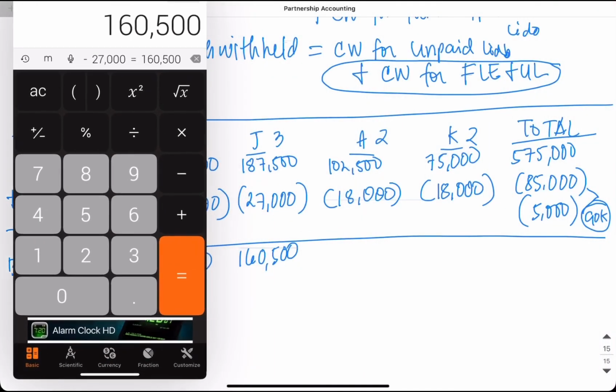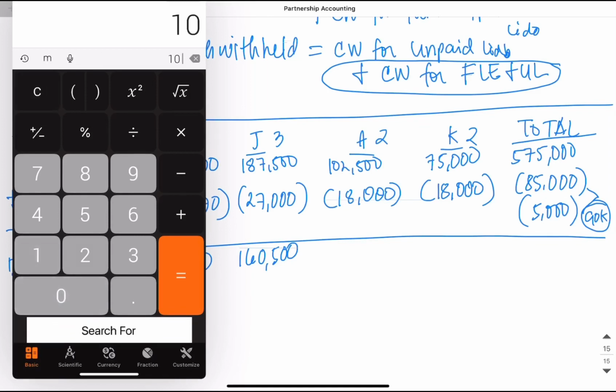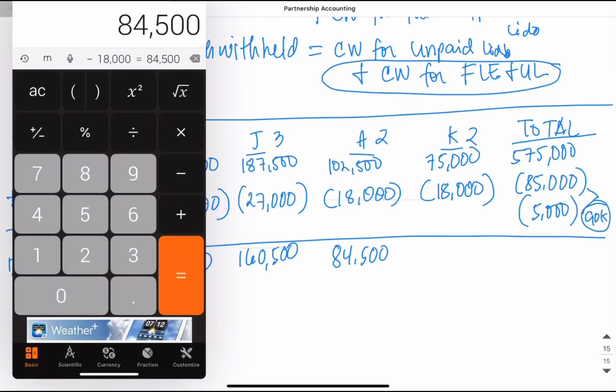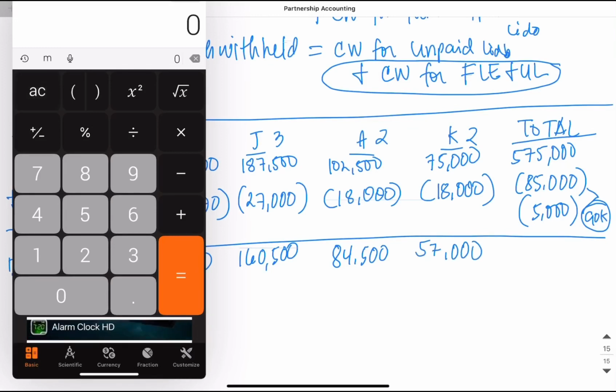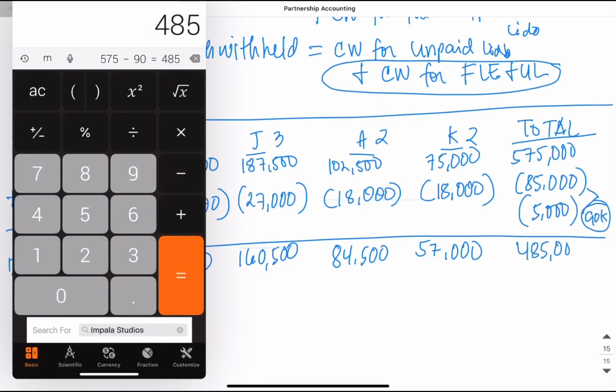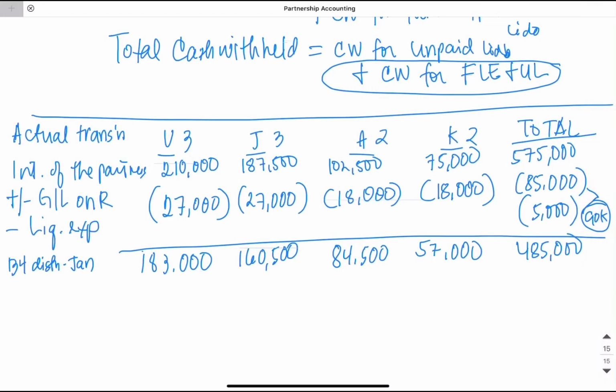And then for Albert, 102,500 minus 18,000, so we have 84,500. 75,000 less 18,000 for Kath, 57,000. And for the total, 575 minus 90, so this is 485,000.